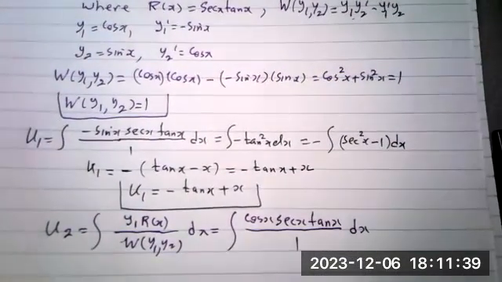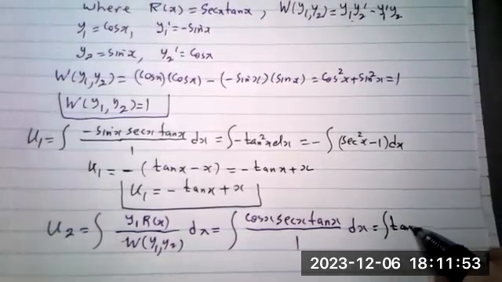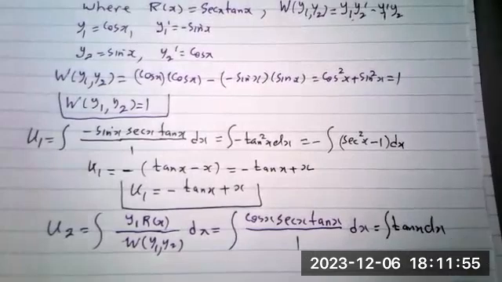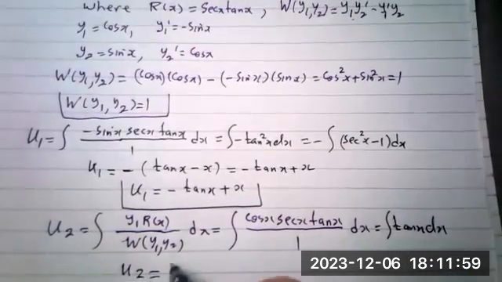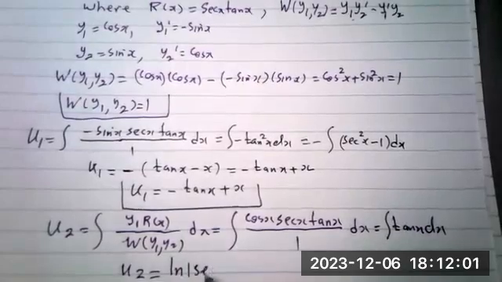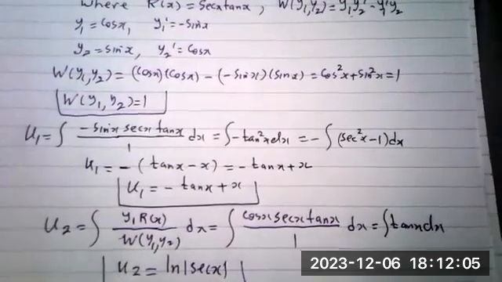Now, what's this one? Tan x, very good. Secant is 1 over cosine, so cosine times 1 over cosine would be 1. So the result is tangent of x. What is the integral of tan? ln secant x, very good. So u2 is ln of the absolute value of secant x. This is going to be u2.